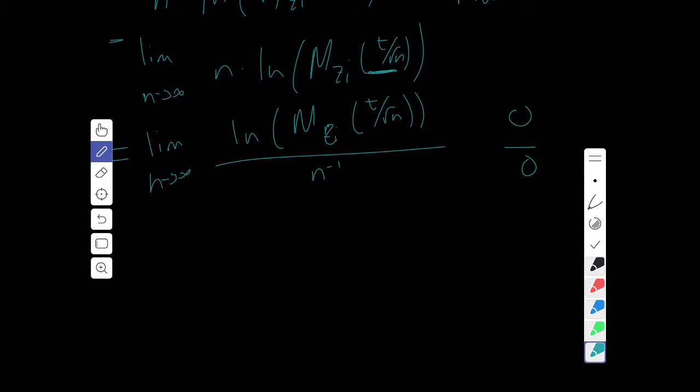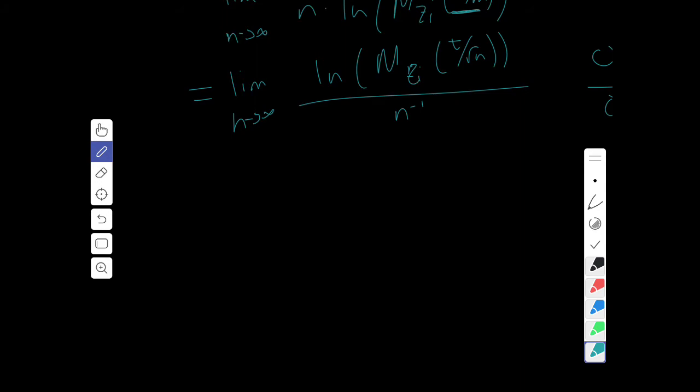Our n value, our sample size, is an integer. It's either 1, 2, 3, 4, 5, up until infinity, but it's not a real number. It can't take on 0.5. We can't have a sample size of a half or 3.5. So we can't really take derivatives, which is what we need to do in L'Hopital's rule, so we need to redefine this limit.